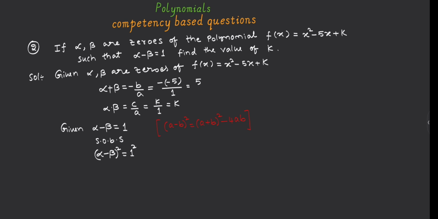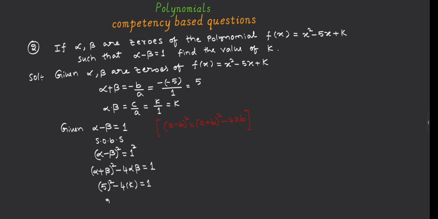So in the place of alpha minus beta whole square, we write alpha plus beta whole square minus 4 alpha beta is equal to 1 square, which is 1. Now we know alpha plus beta value is 5, so we write 5 whole square minus 4 into alpha beta value, which is k, is equal to 1.